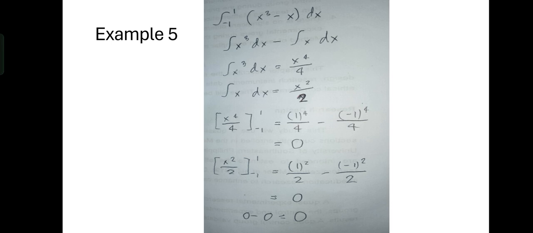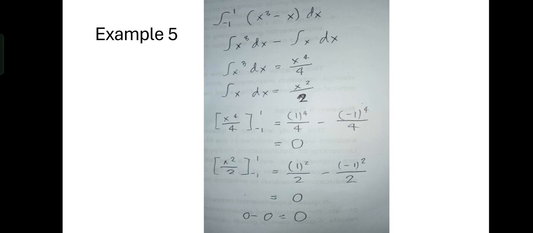We have here the integral of x cubed with respect to x. After using the power rule of integration, we have x raised to 4 over 4. Next, we're going to apply the power rule of integration for the integral of x with respect to x. After using that, we have x squared over 2.